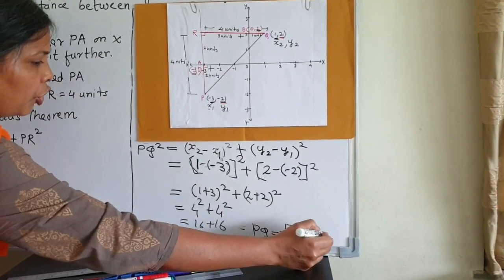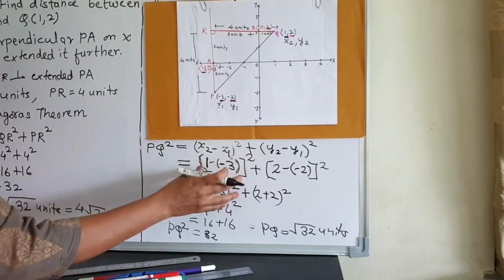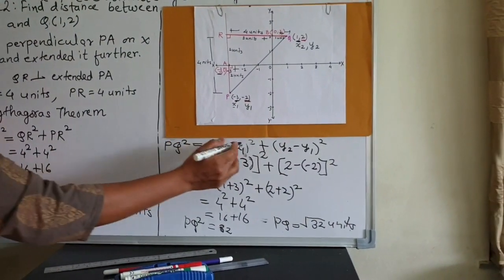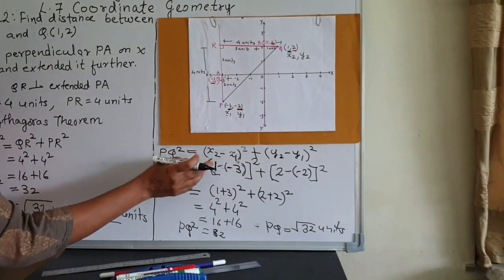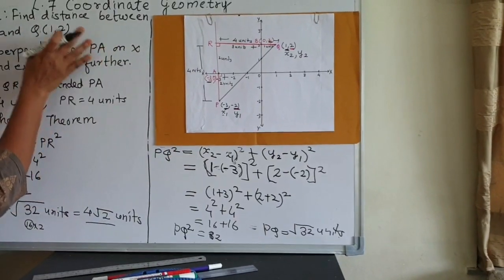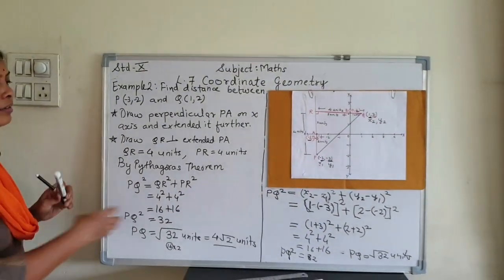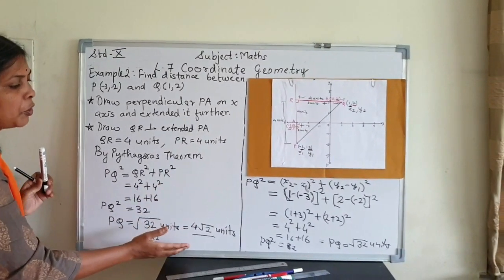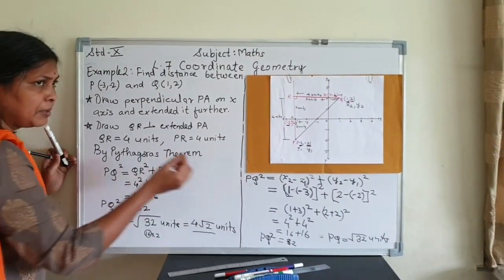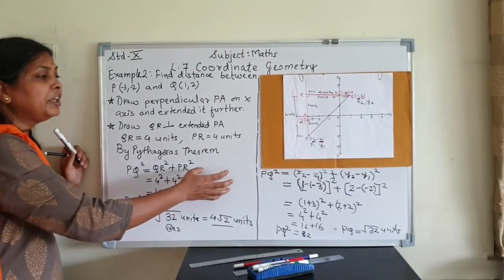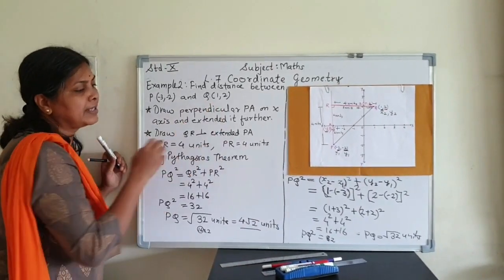Now don't worry, don't get tensed. This is nothing but a distance formula. We are doing it separately. But how we get the distance formula, I have given a simple idea how we derive the distance formula with this example.